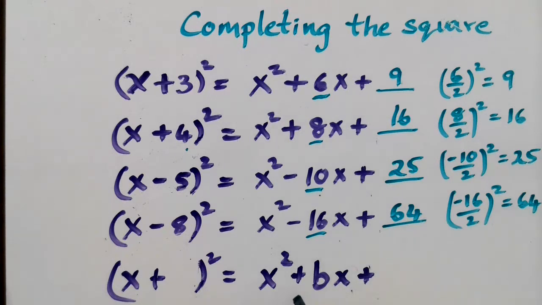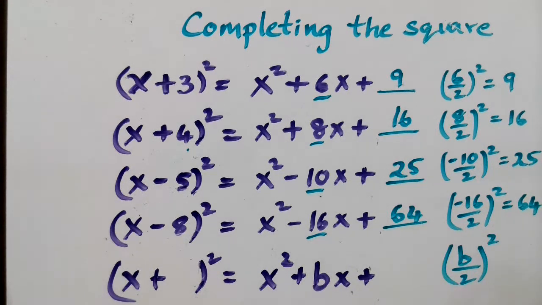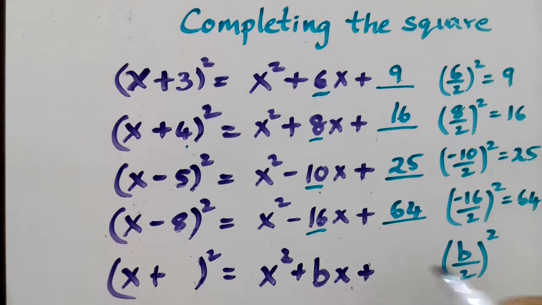So I have a trinomial here and I want to complete the square. In order to complete the square, we take the coefficient of x, divide by 2, and square it. That's the number that goes in here. So you can say b squared over 4, or you can just say (b over 2) squared.